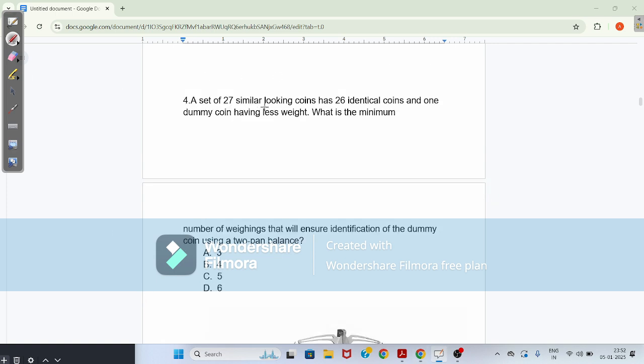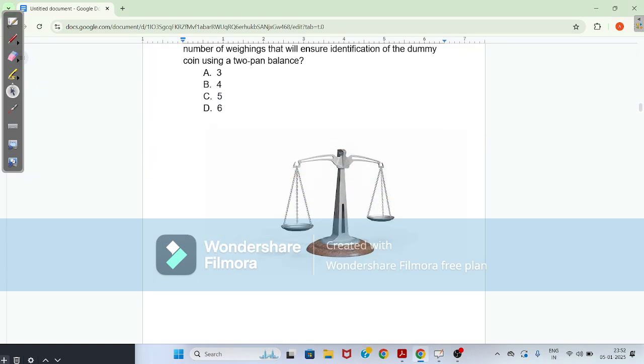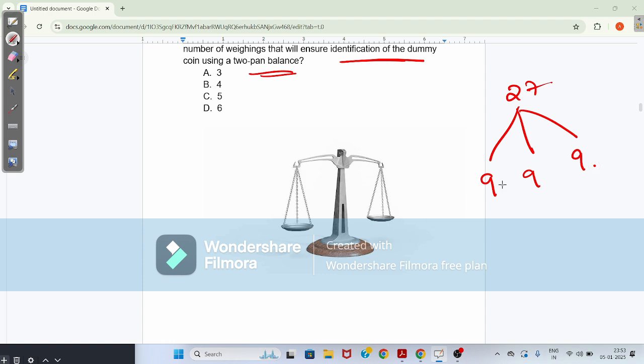Now, a set of 27 similar looking coins has 26 identical coins and one dummy coin having less weight. What is the minimum number of weighings that will ensure identification of the dummy coin using a two-pan balance? Now what is the problem? Ensure identification of the dummy coin using a two-pan balance here. So consider 27 coins and divide this into 3 parts, that is 9, 9, 9. Suppose we put these 9 here.